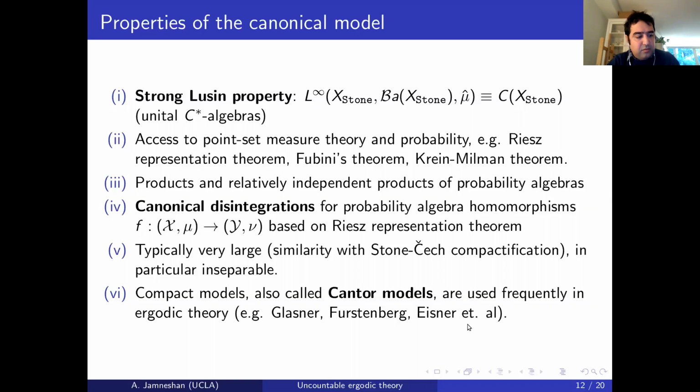One of the reasons one would like to have compact models for dynamical systems, which are also sometimes called Cantor models, is that one can construct invariant measures by using, for instance, the Riesz representation theorem. So one can see these canonical models as an extension of these Cantor models, which are already frequently used, to contexts which are not standard Borel, which are not second countable.